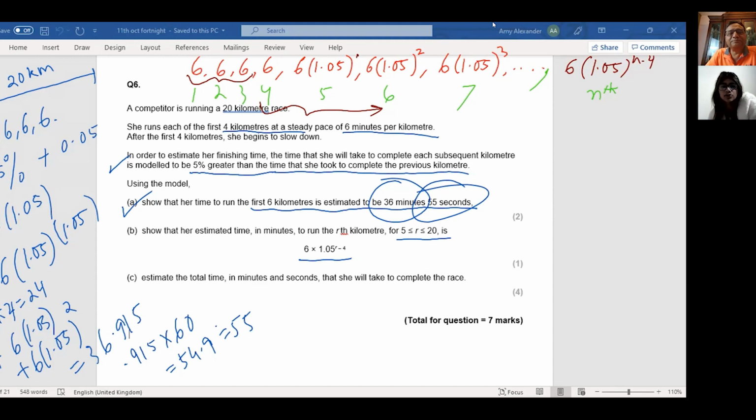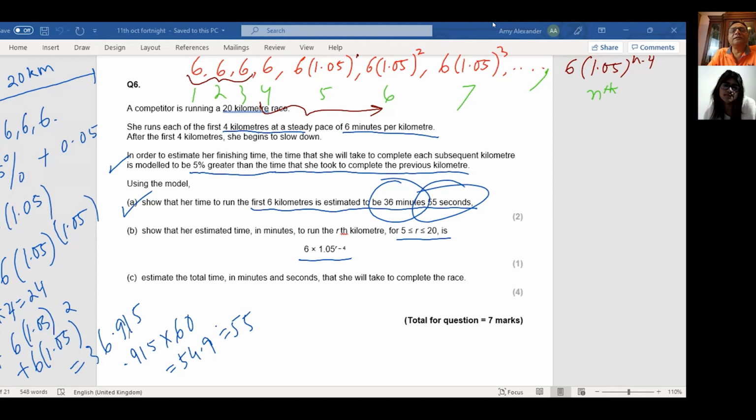Because I was trying to use the formula, ar to the power of n minus 1. So I'll just substitute a as 6, r is 1.05. But after the fourth term, right? So then you can't put 4 minus 1 as the power, like using the formula. No. So this is a simple way, which I have shown you.